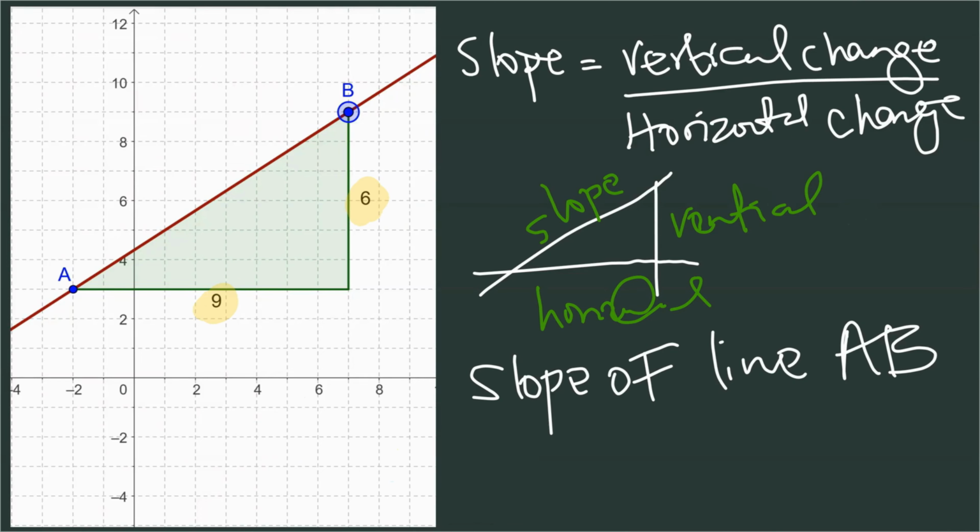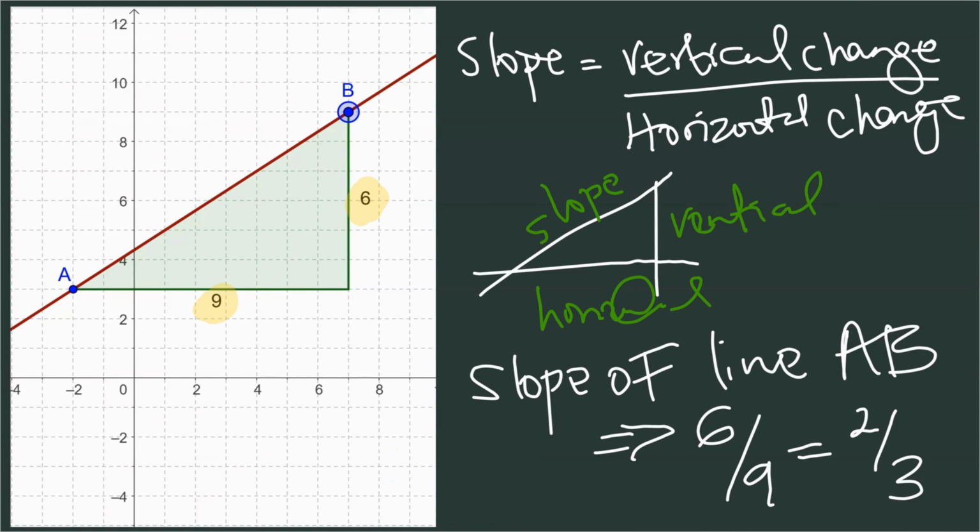Our vertical change is 6 and the horizontal change is 9. So the slope is 6 over 9, which, if we simplify by dividing by 3, gives us 2 over 3. That's the slope.